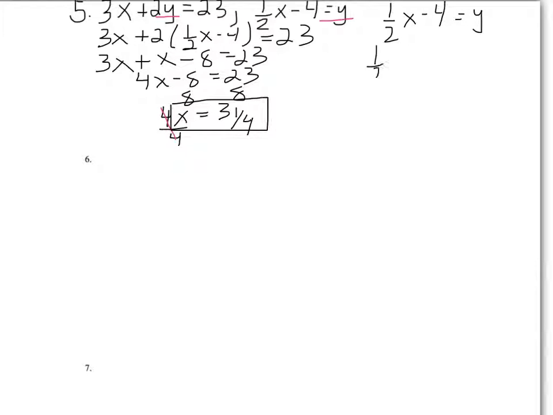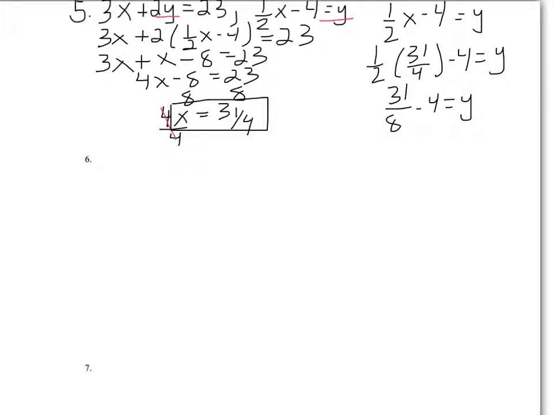So 1/2 times 31/4 minus 4 equals y. That gets me 31/8 minus 4 equals y. Combine 31/8 and negative 4.